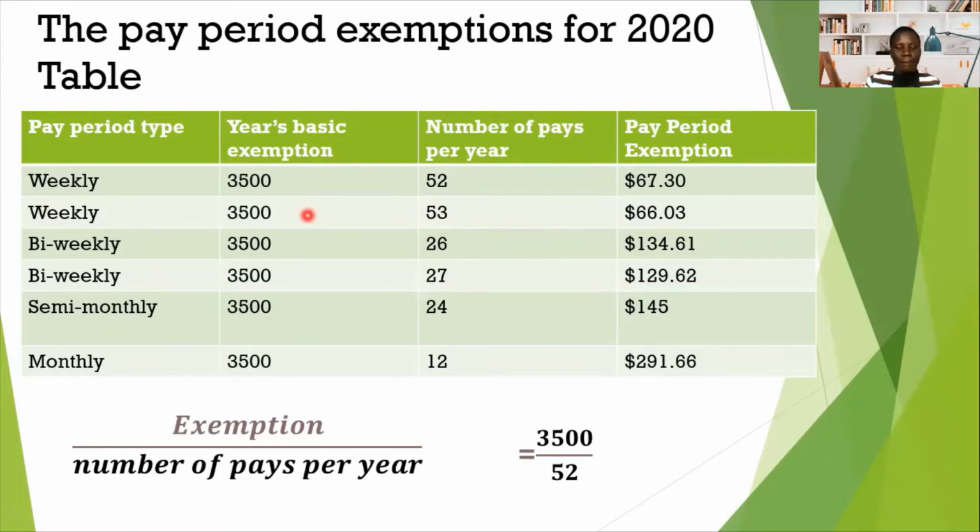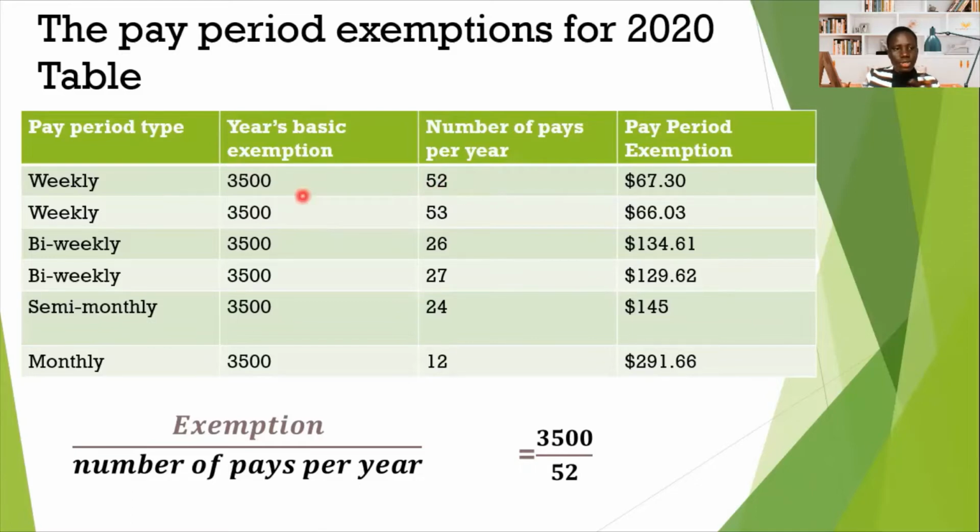And now, before you calculate the Canada Pension Plan, you need to remove the exemption, right? So the yearly exemption is 3,500. How much exemption do they remove per pay period?